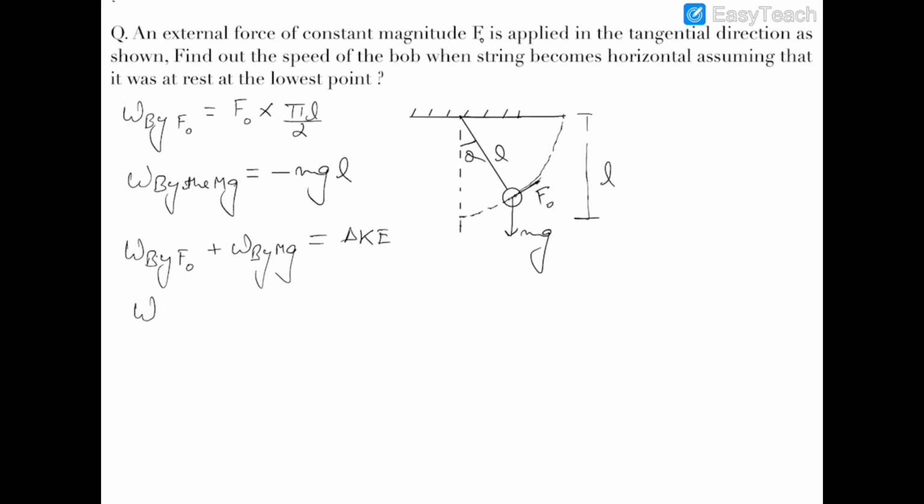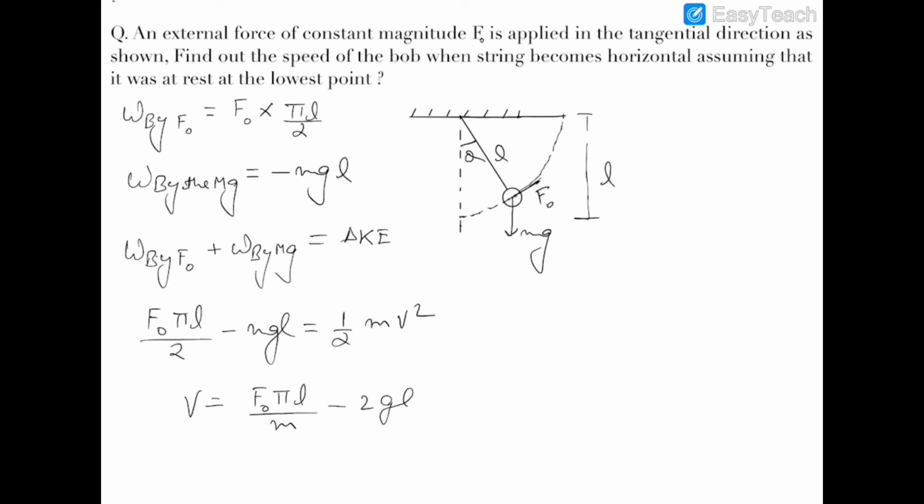So the work done by F naught will be F naught pi L by 2, plus the work done by mg will be minus mgL, that will be equal to half m v square, and therefore v will be equal to under root of (F naught pi L by m minus 2gL). This will be the velocity of the ball when it will reach that position shown.